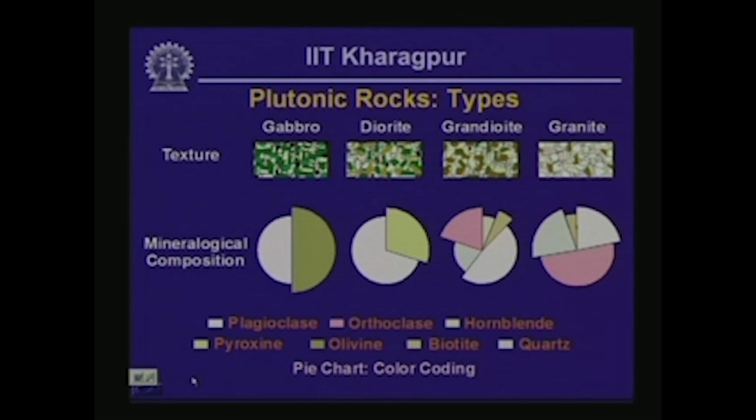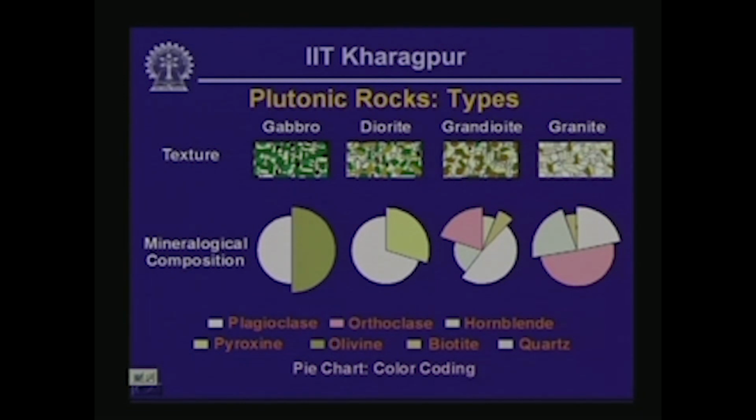Now, this particular slide is a counterpart of a similar slide that I showed earlier for volcanic rocks. This one shows the texture of different types of major plutonic rocks: gabbro, diorite, granodiorite and granite, and the mineralogical composition of these rocks is indicated with pie charts at the bottom.